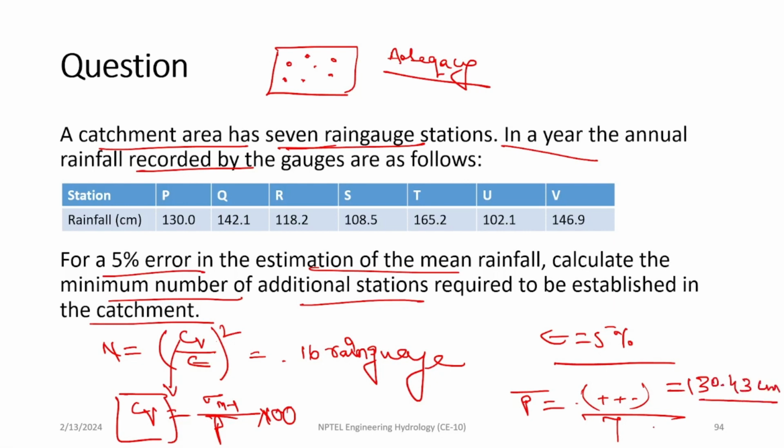Okay, now you have to also calculate sigma m-1. So there is one formula that, based on the statistics only, we have got. So it is square root of, can you tell the formula?